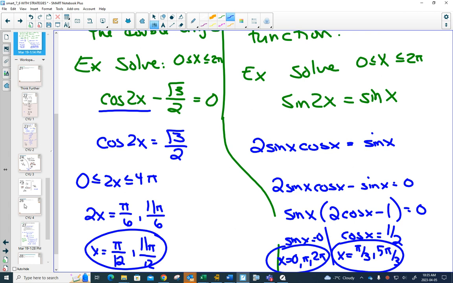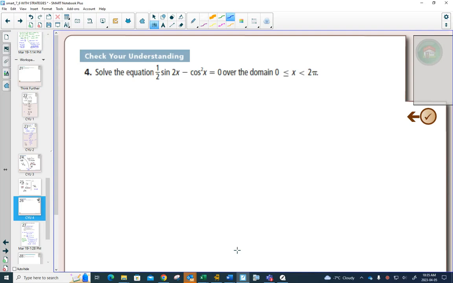And now we'll turn to example 4. So example 4 has a double angle, but it has another trig function. So that's telling us we need to substitute in using the formula.